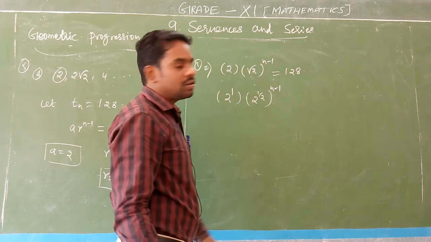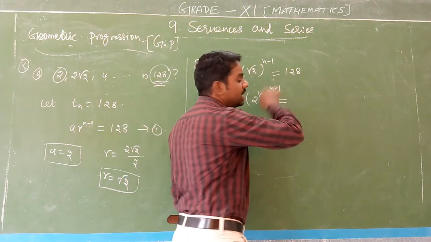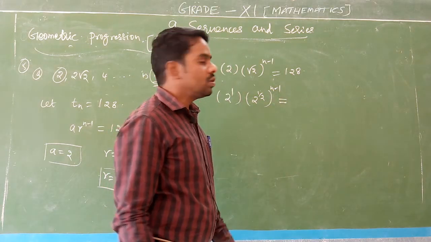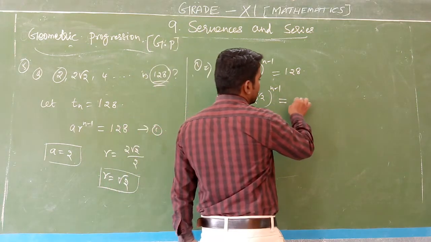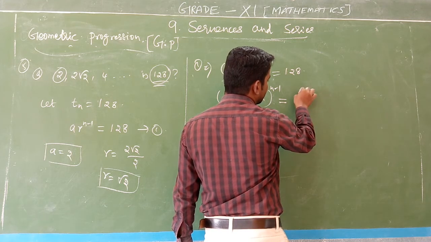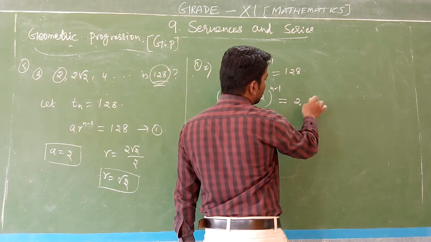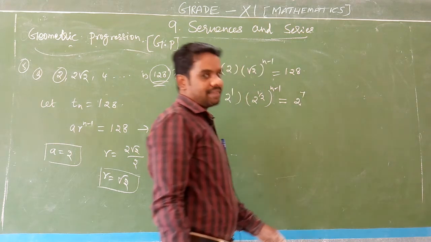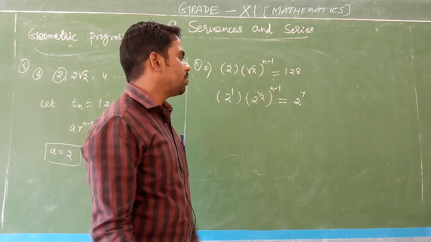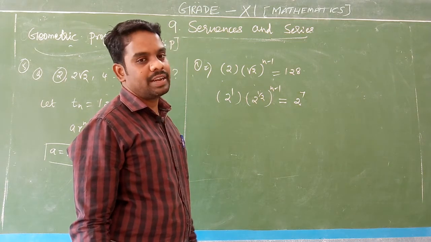And 128, you know, is 2 power 7: 2 power 5 is 32, 2 power 6 is 64, and 2 power 7 is 128.